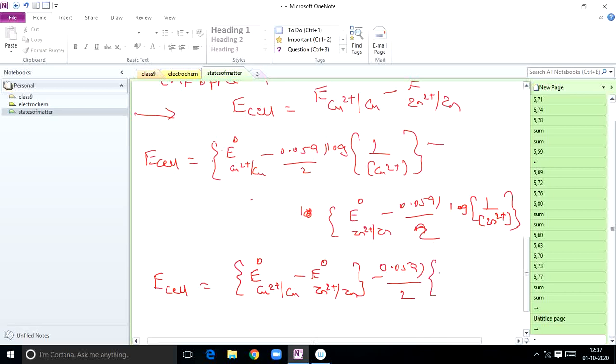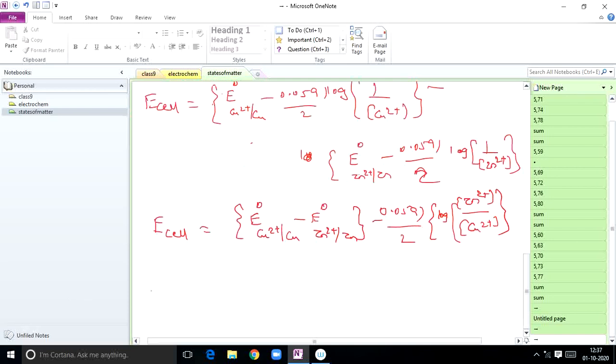So into what will we get? Log of concentration of Zn2+ by concentration of Cu2+. Solve this one. Finally EMF of the cell, I can take it as E naught cell. So E naught, the standard EMF of the cell, is equal to E cathode minus E anode. This is E cathode and this is E anode. So in this place I can take E naught cell.